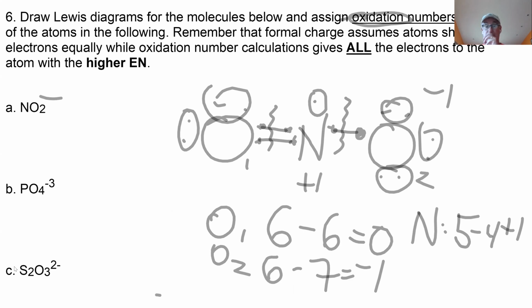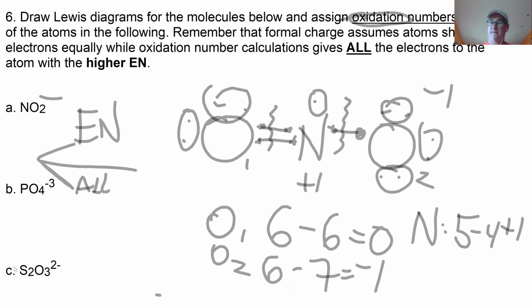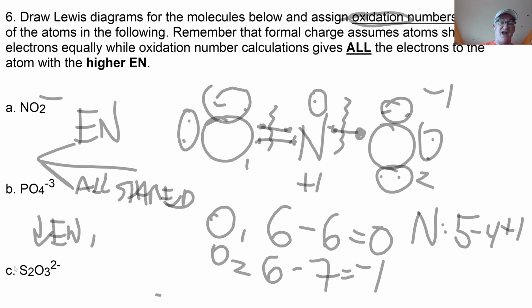What we do is we take into consideration the relative electronegativities. If an atom has a higher electronegativity, it gets all the shared electrons, and the one with a lower electronegativity gets none of the shared electrons. So let's go back and repeat.